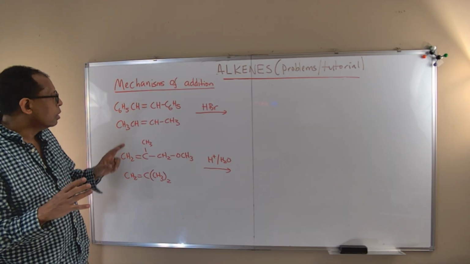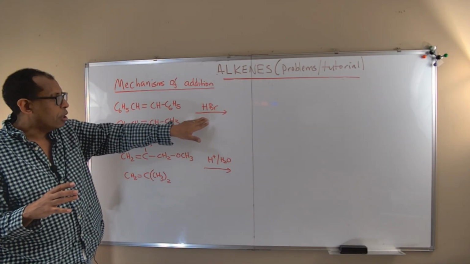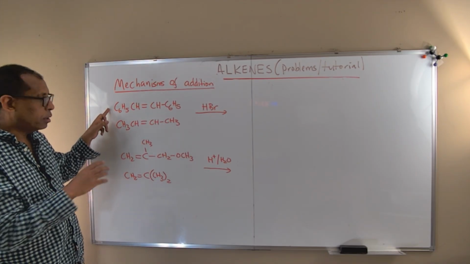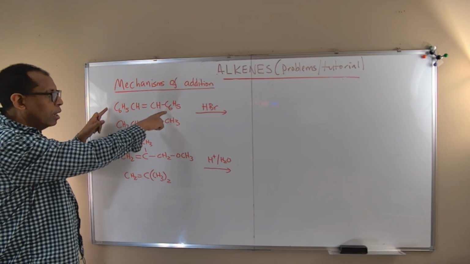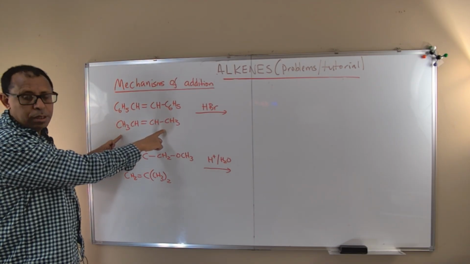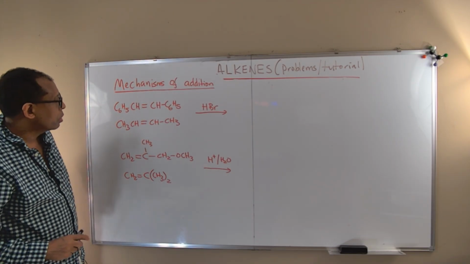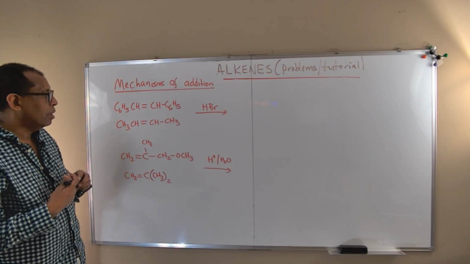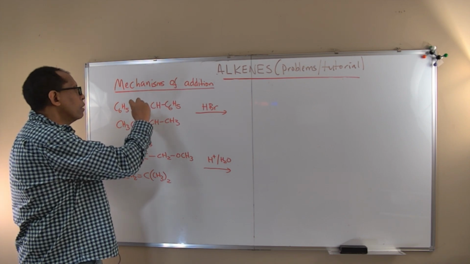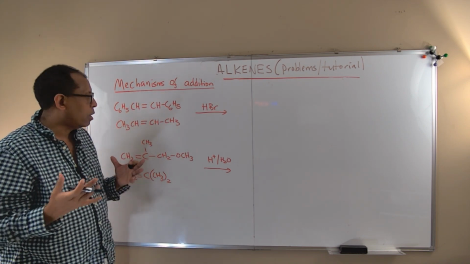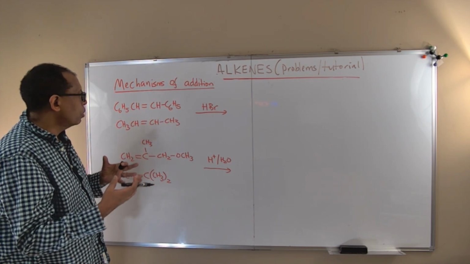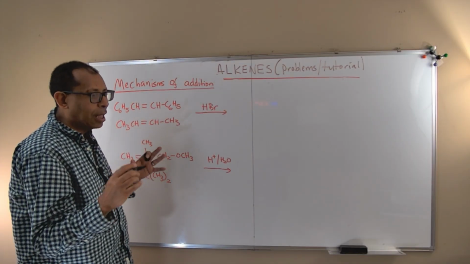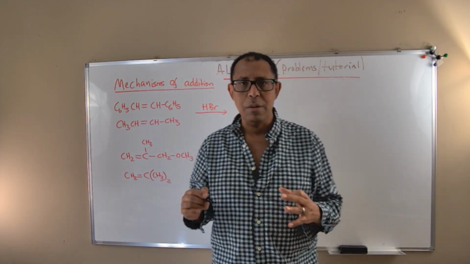It's asking us why the addition of HBr, hydrobromic acid, is much faster in the upper compound, the diphenyl alkene, versus the dimethyl alkene. So what we're going to discuss is that when you do HBr, in the mechanism at least, we know that the initial step, where the proton is being abstracted and forming a carbocation, is the rate determining step in the mechanism of the reaction.